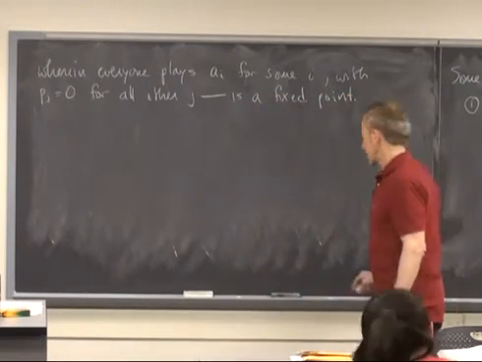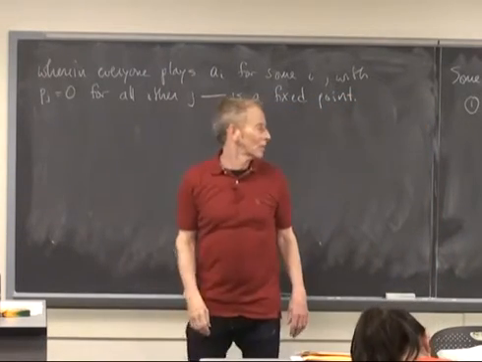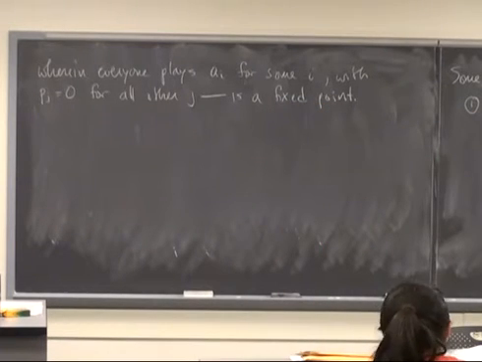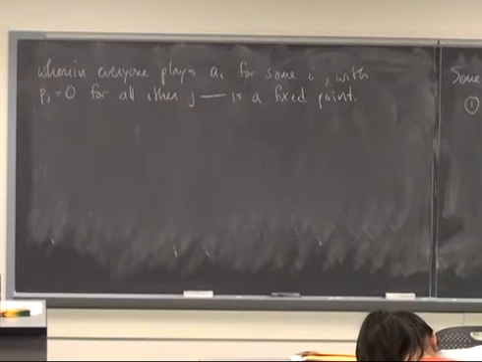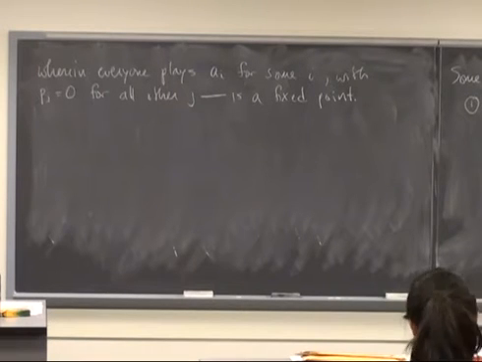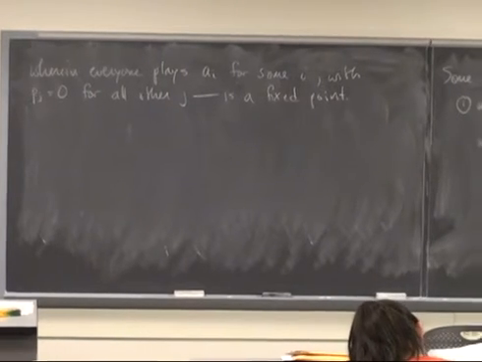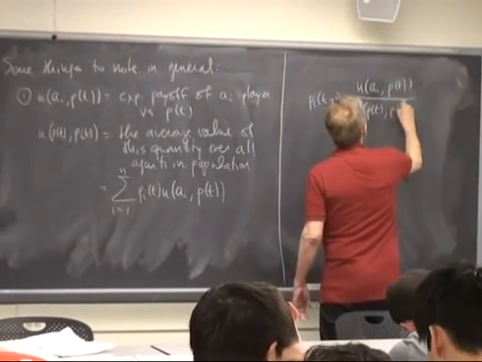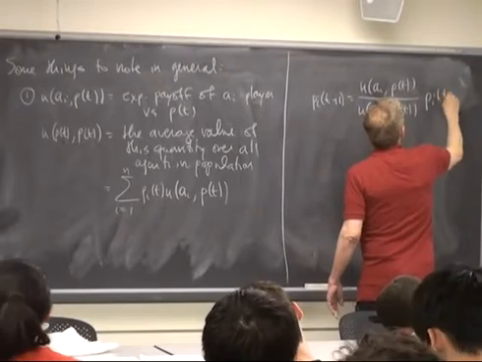Of these replicator dynamics. And I think what I want to do is write the replicator dynamics way over here and way over there, just so I have them up and I don't have to keep rewriting them. So p i of t plus 1 is equal to u of a i, p of t over u of p of t, p of t, times p i of t for all i.